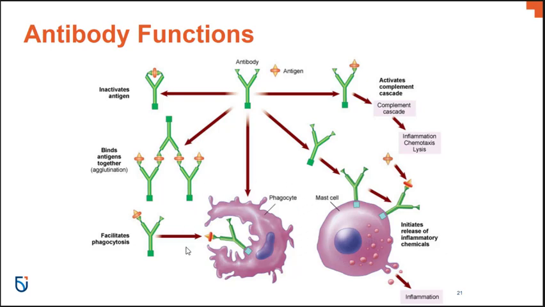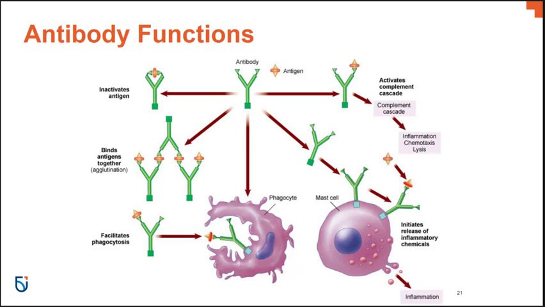perform phagocytosis. The binding of the antigen to the antibody produces another effect in that it activates the complement cascade that we spoke about earlier, which will contribute to the destruction of these foreign cells through many different processes, which leads to this complement cascade, inflammation, chemotaxis, and lysis.